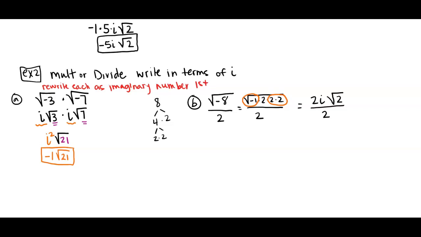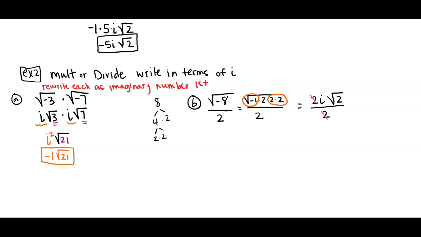Then we can simplify this a little bit more, because starting off, we couldn't do -8 divided by 2, because this isn't really -8. That's the square root of -8. But after we simplify it, now I've got this real number on the outside. These two 2's mean the same thing, so I can cancel these out.